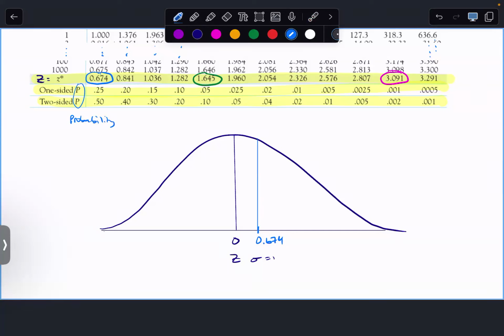Okay. And if you've taken a stats course before, then you're probably used to using the Z table, which is fine. But we're doing the same thing. But the one-sided P at Z equal to 0.674 tells me that the area in the tail is 0.25.